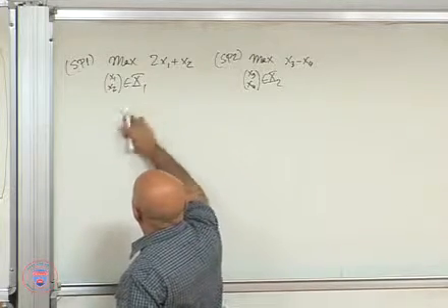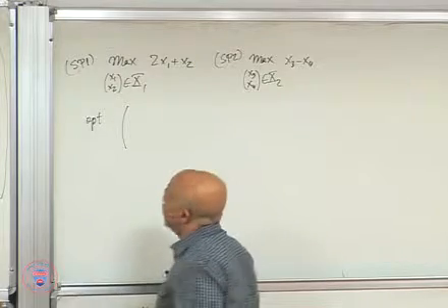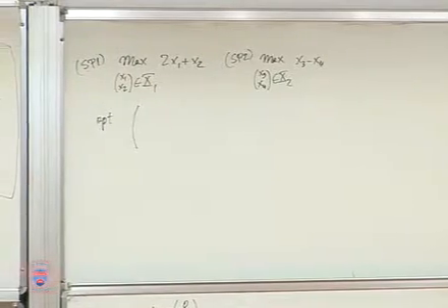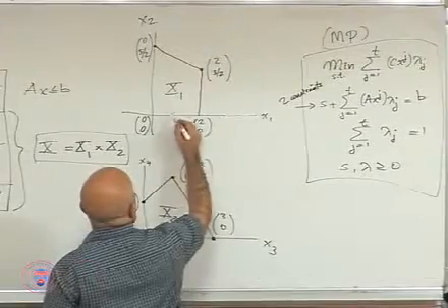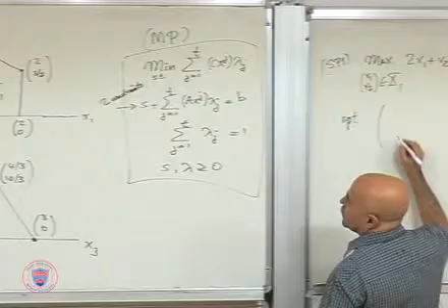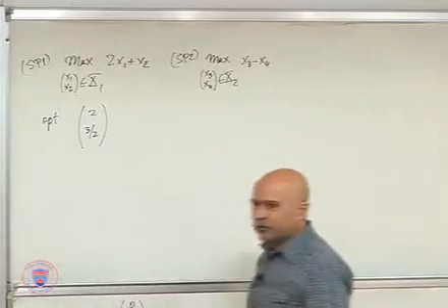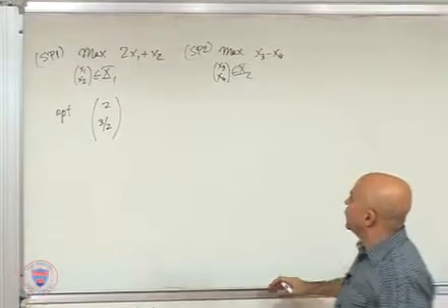By inspection, the optimum solution for this one is where? You're maximizing, so I guess that should be the optimum, right? 2 and 3/2. That's your first optimum. What about the second one?